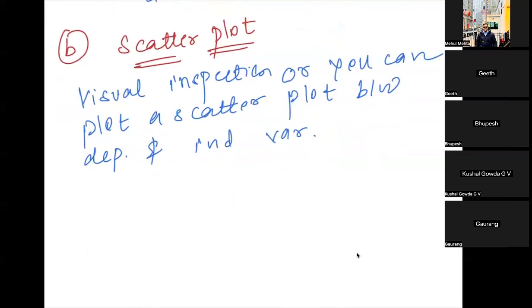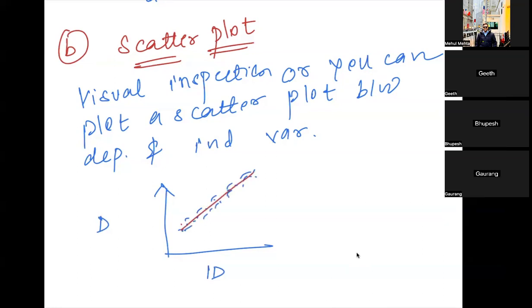If your scatter plot is roughly linear, then we can pretty much say that it follows a linear relationship.